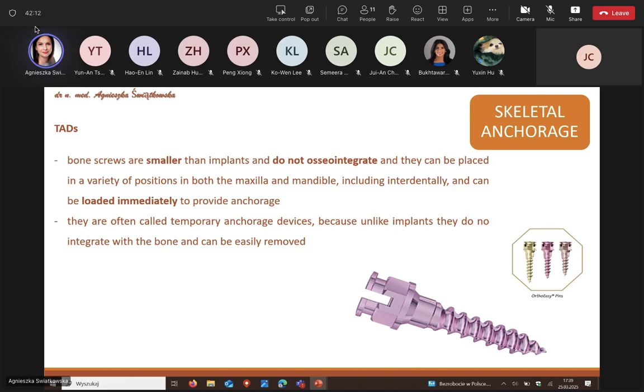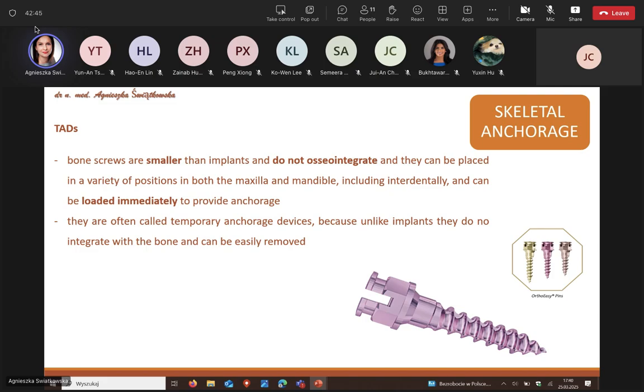So we insert it into the bone for a few months for planning orthodontic treatment, and then we can easily remove it. Usually when we are placing it, we use local anesthesia, and when we remove it, usually the patient doesn't need anesthesia. It's not connected with huge pain, so it's also very, very easy to remove. And this kind of implant could be loaded immediately.